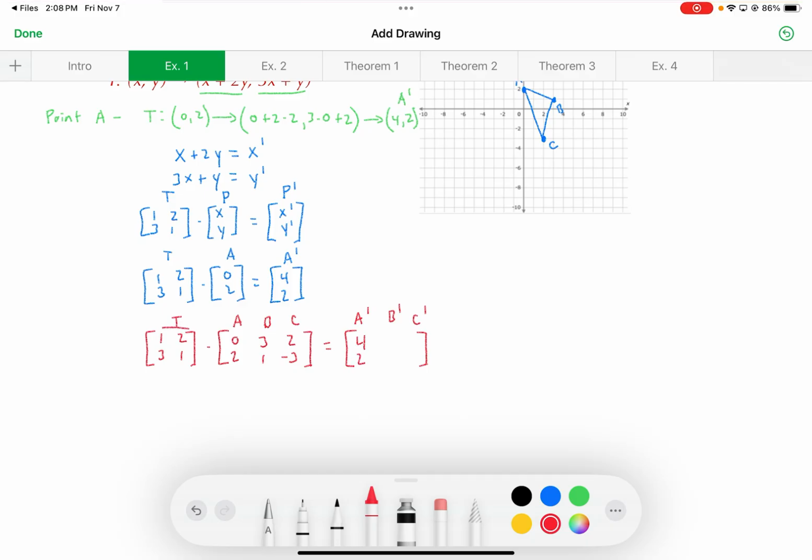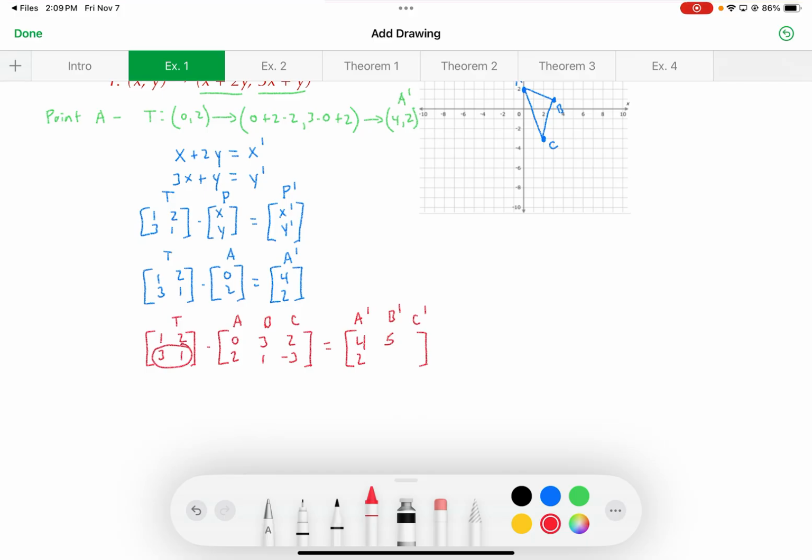Okay, what about for B prime? I'll use first row, second column, 1 times 3 is 3. Added with 2 times 1, that's going to give me a 5. That would be the x coordinate for B prime.